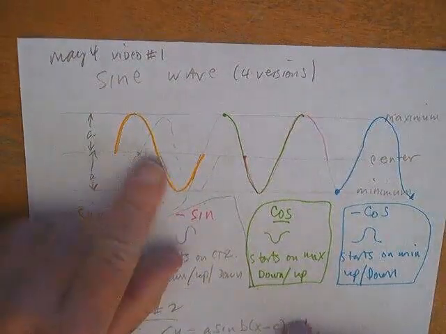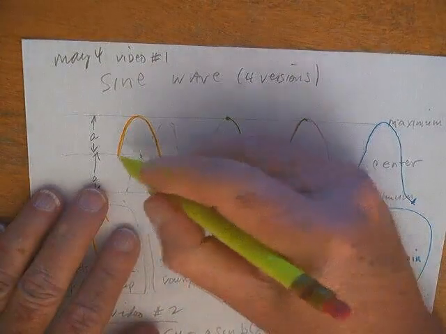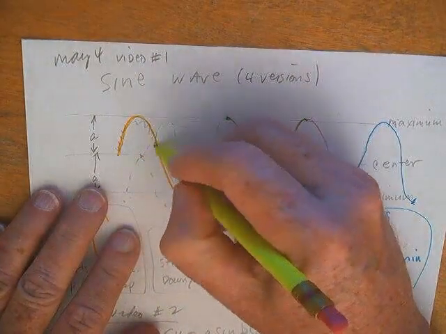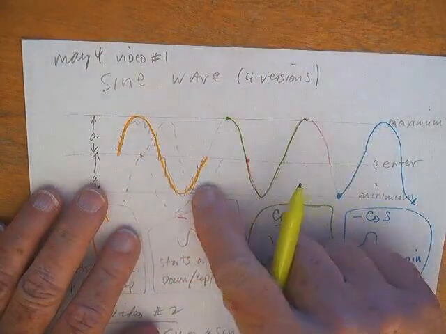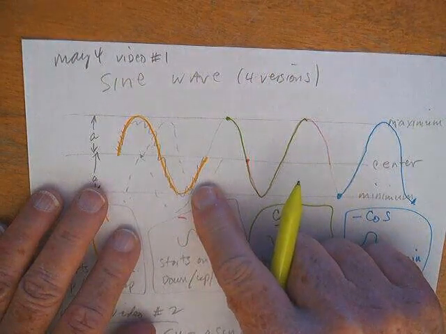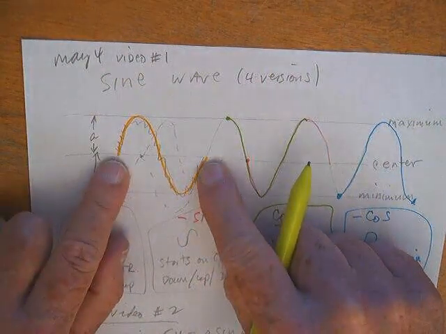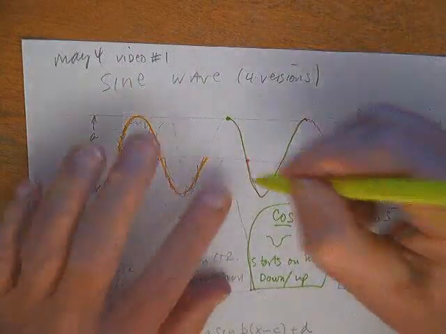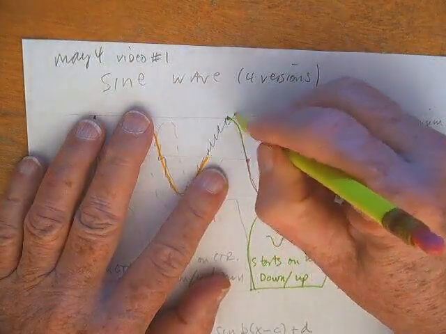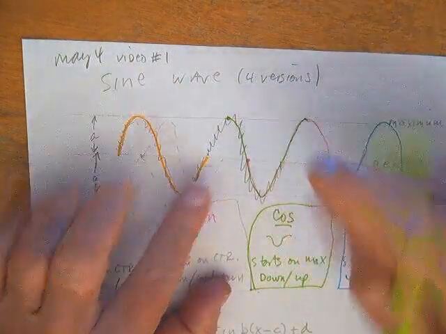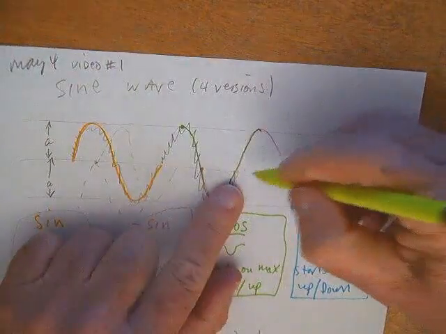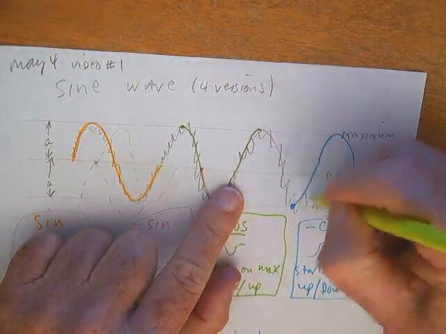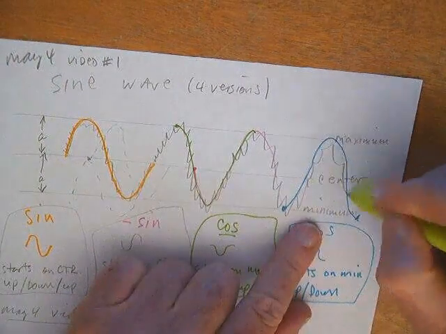So what we mean by that is, this one right here is one cycle of the sine. So it starts there, when it ends there, we've got one period. And then here's the second one. There's a second one, and here's the third one, and here's the fourth one.